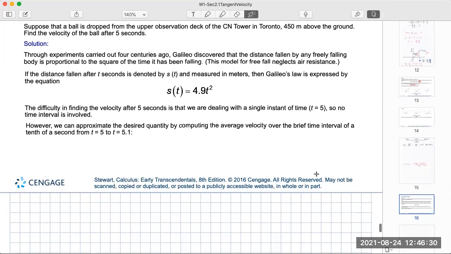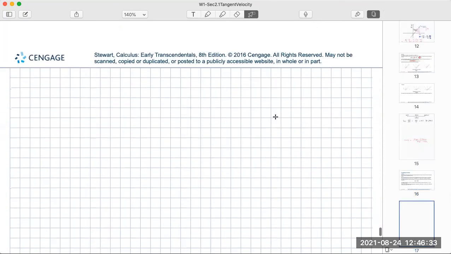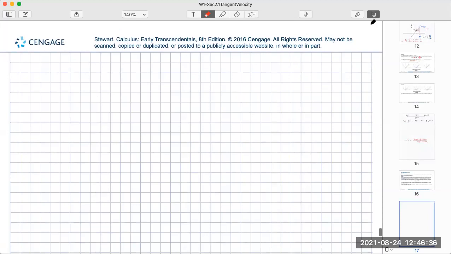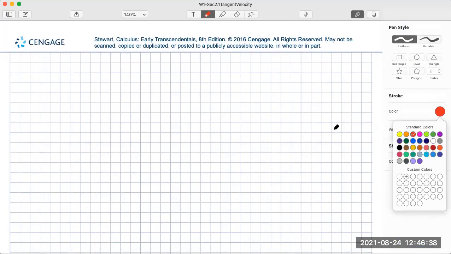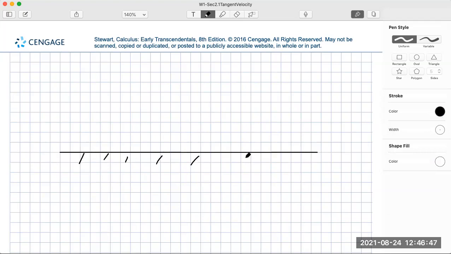So let us model this problem. So the object is right here. Suppose this is the ground, right? And the object here is dropped from the sky here, and the distance here will be 450 meters.